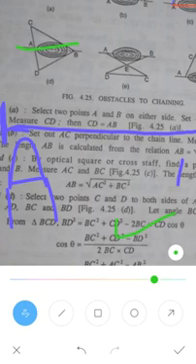So AB, I will write the formula: length AB is equal to... AB square, you have to determine now. I told you two sides, which angle you have taken, this one, BDC.